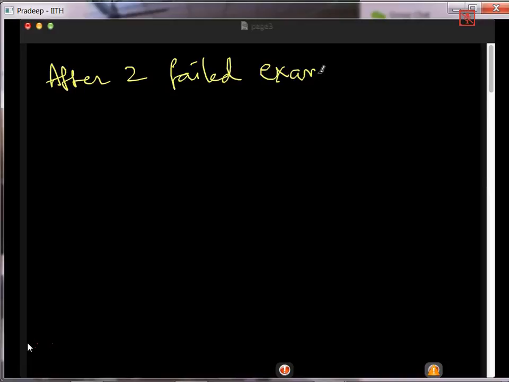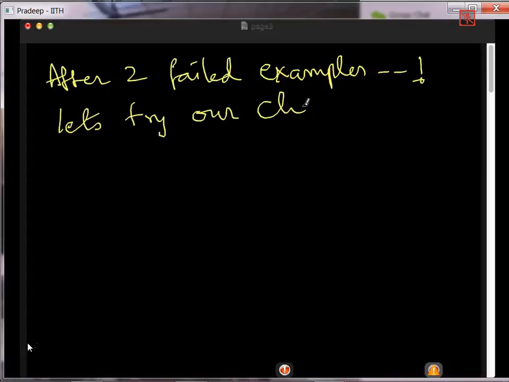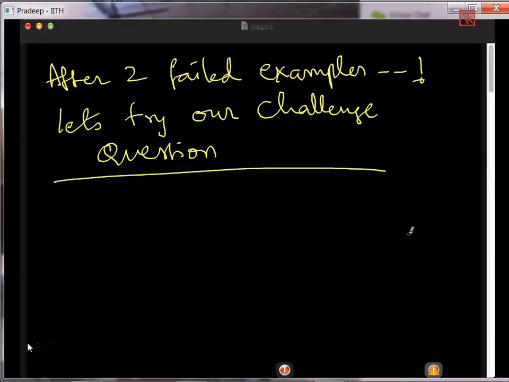Examples. Let's try our challenge question. I hope at least this will work. In fact, I know that this will work, so we are safe. So the challenge question was like this.